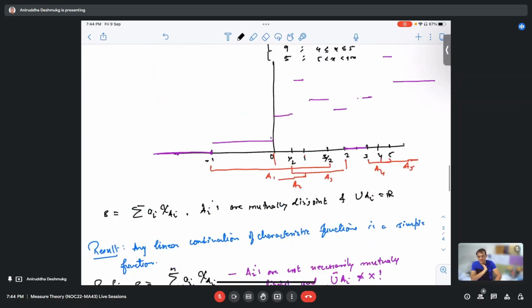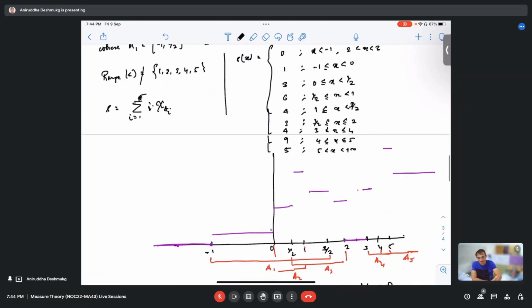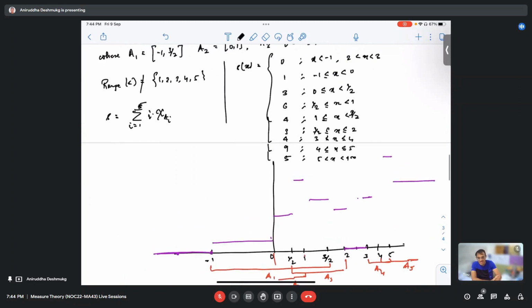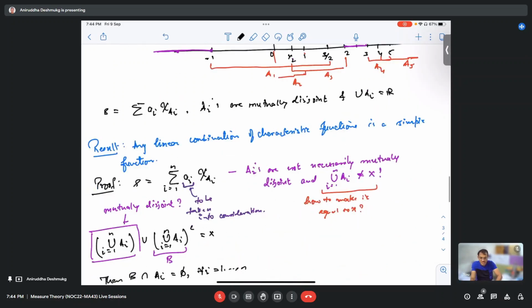See, let us look at this example. What we did was we first saw all those points which are exclusively in only one interval. For example, these points between -1 and 0 are only in A1 and not in any other A_i. The points in 3/2 to 2 are only in A3. Similarly, points after 5 are only in A5, right? So let us do that.